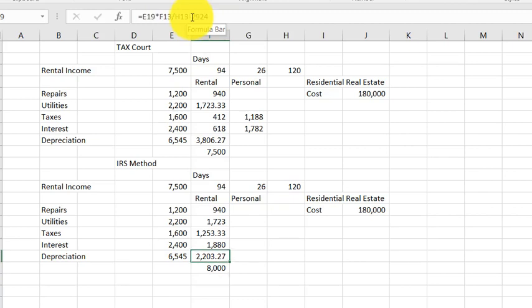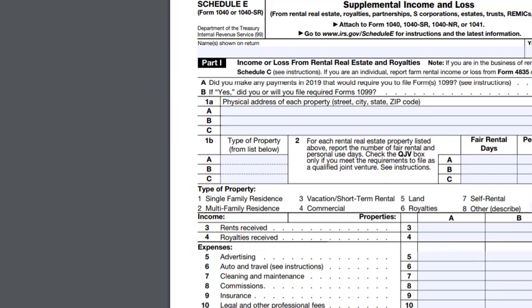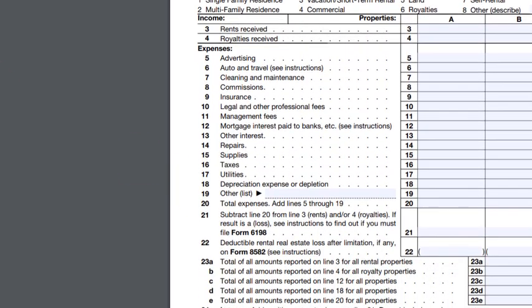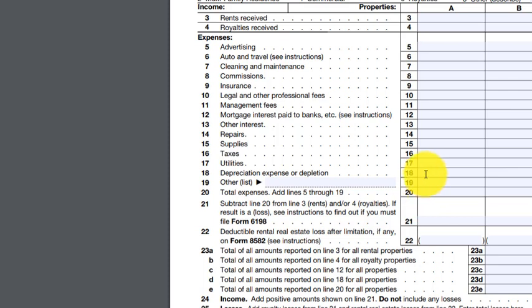Whoops, not enough. 34.24. There we go. So that would give us 0. And usually on the Schedule E, typically what we do is just reduce the depreciation on line 18 so that you get exactly 0. Total expenses equals total income.